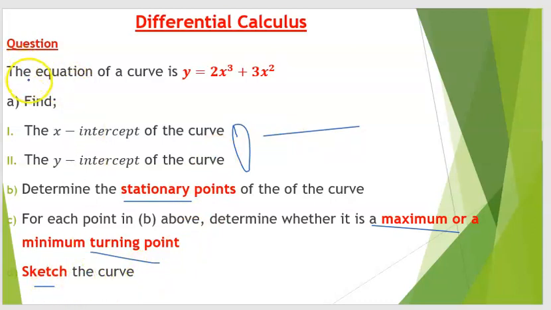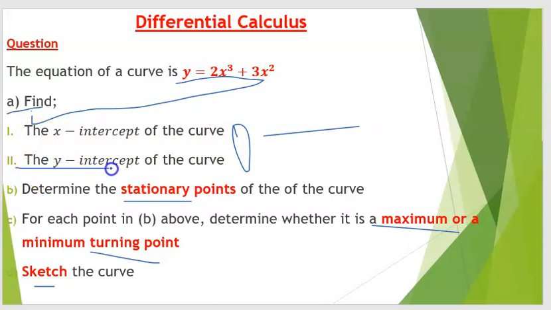So the question goes: the equation of a curve is y equals 2x cubed plus 3x squared. A, Roman 1, find the x-intercepts of the curve.